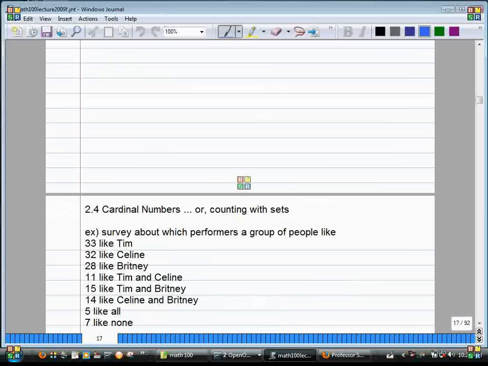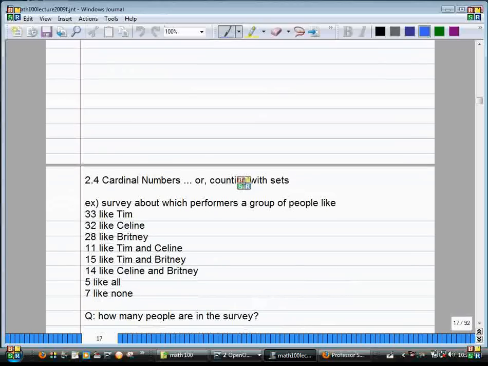So here's the question. How many people are in the survey? How do you figure this out? Why are we going to need a Venn diagram?